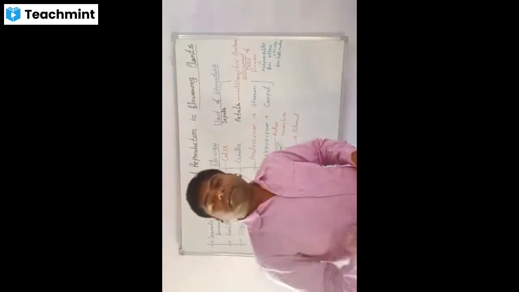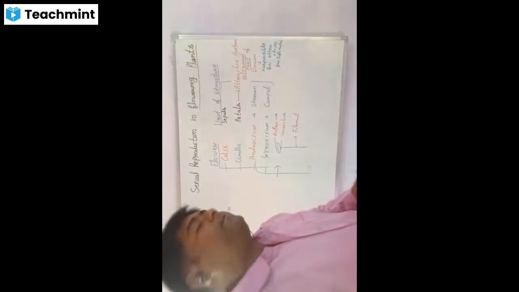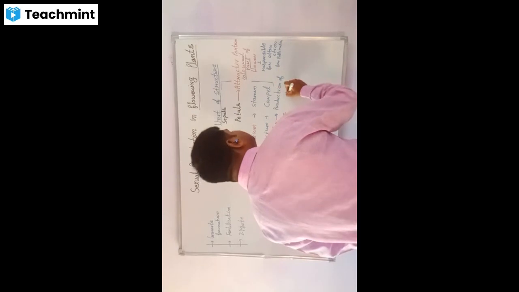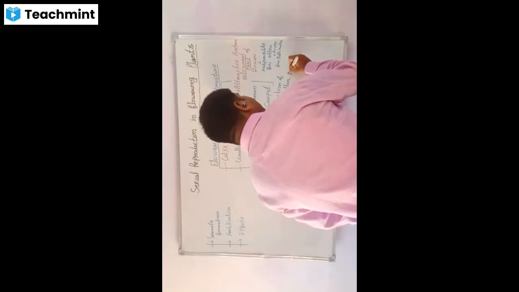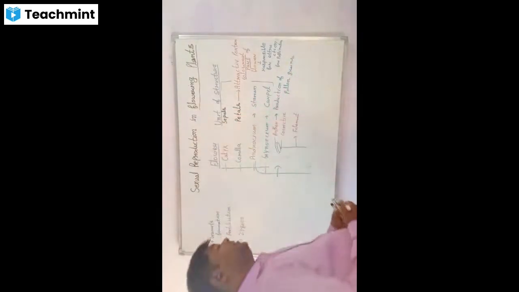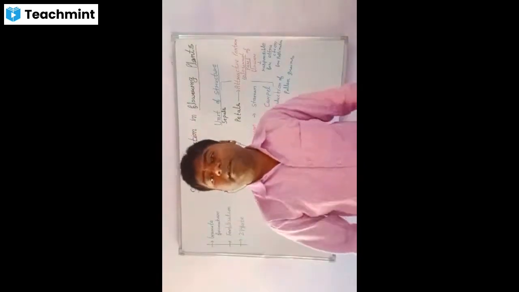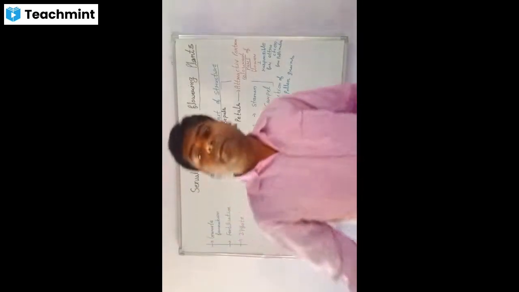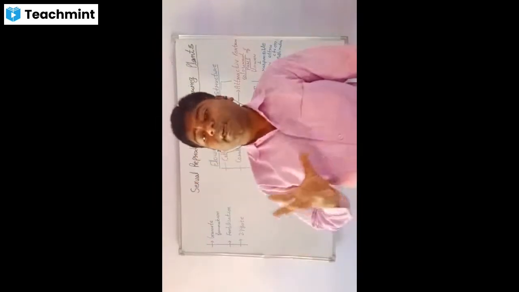Anther is responsible for the production of pollen grains. Pollen grains are produced inside the anther, and the other two structures are responsible for attachment. Connective attaches the anther, and filament attaches the structure to the rest of the flower. These two are helping structures.